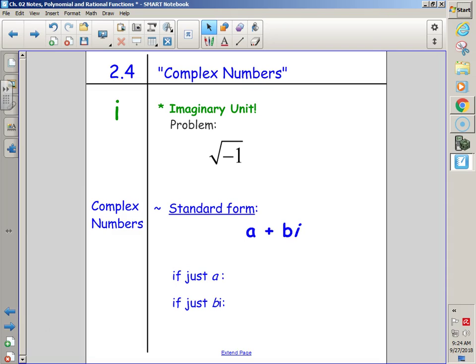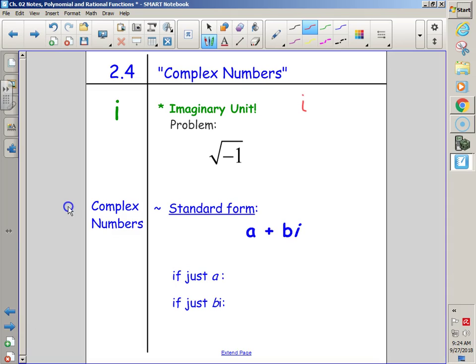Can anything square to be a negative number? Well, not except for that guy, right? What do I mean, not except for that guy? What's the square root of negative 1 times the square root of negative 1? No. Only imaginary numbers can be squared to be negatives, right?